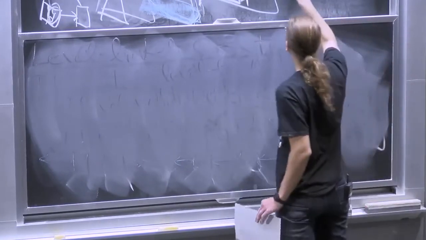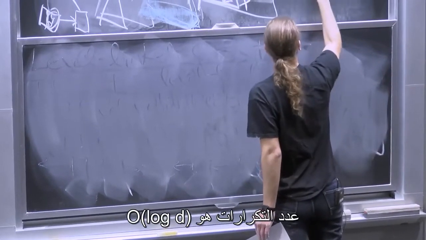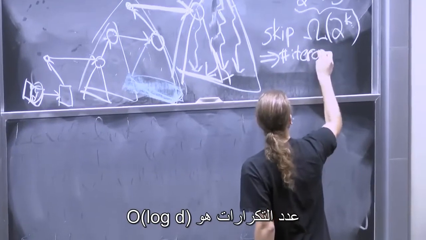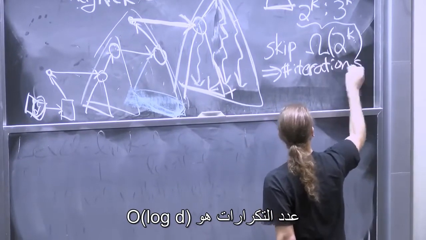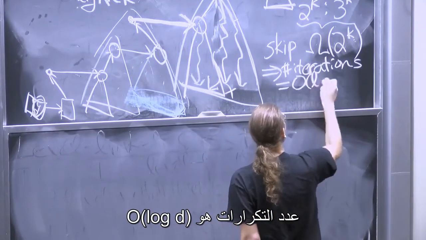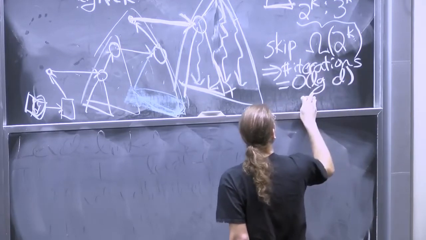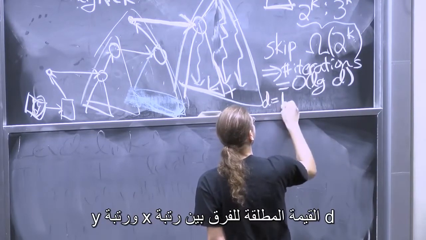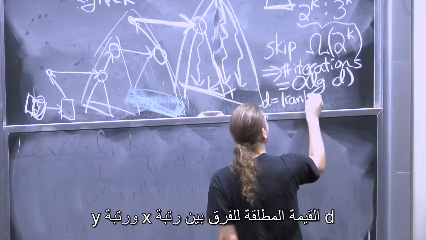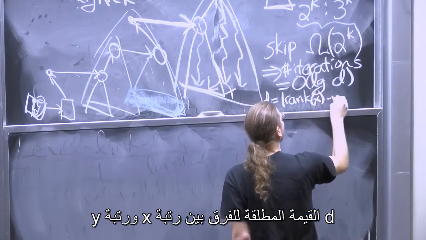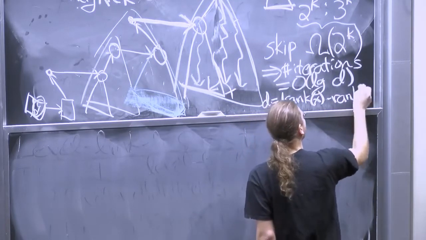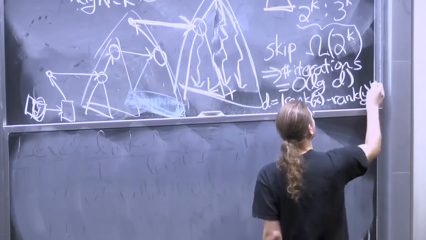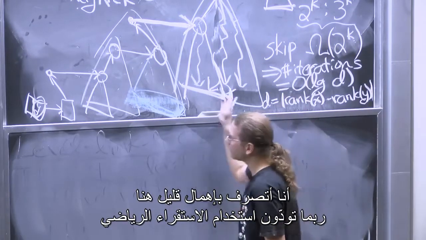So the number of iterations is order log d, where d is the rank difference. d is the absolute value of the difference between rank of x and rank of y. Okay, I'm being a little sloppy here.